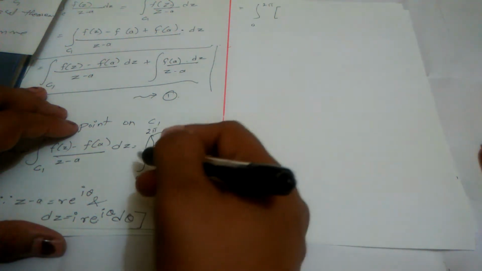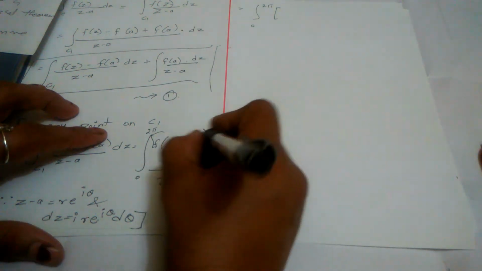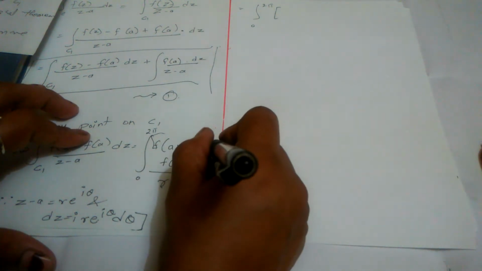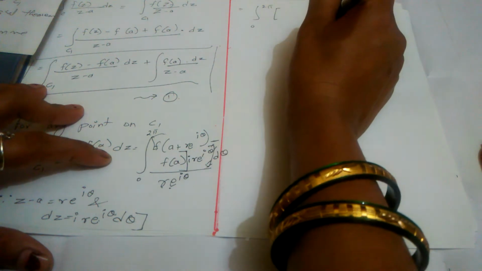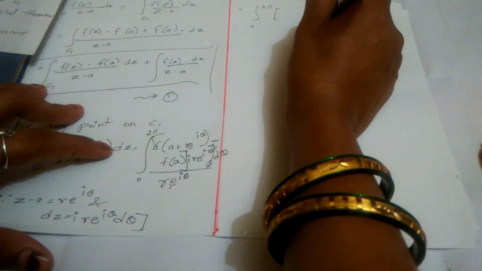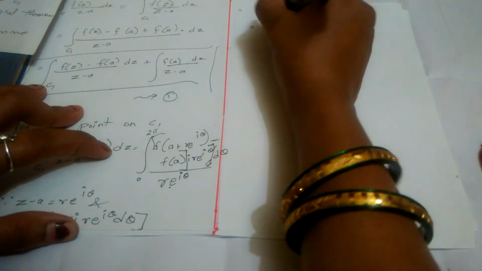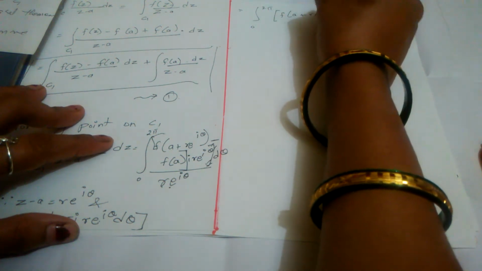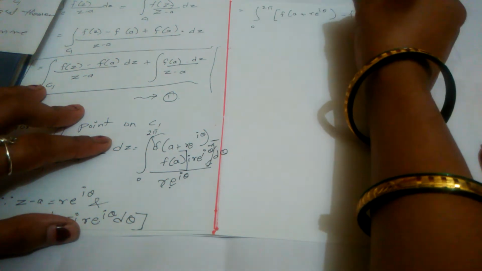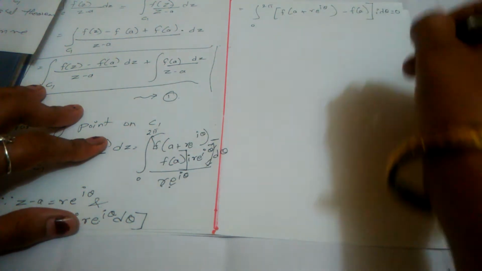We get f of a plus r e to the i theta minus f of a, times i d theta, equal to 0.